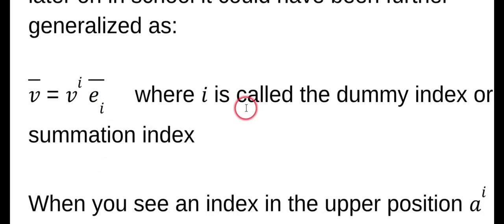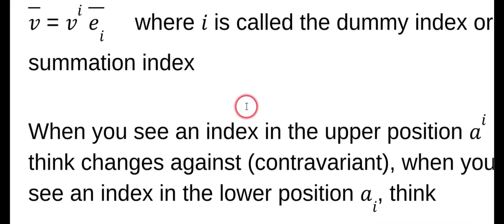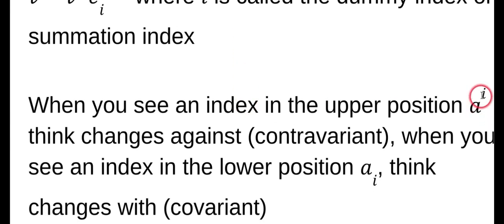Okay? Now, when you see an index in the upper position like this, just think changes against, contravariant. When you see an index in the lower position like this, think changes with, covariant. So you got two words here, contravariant and covariant, okay?